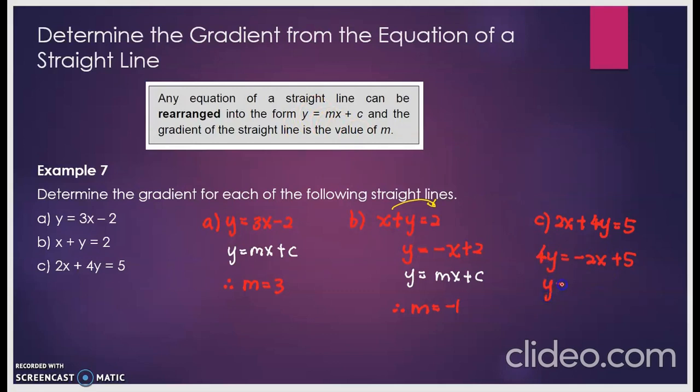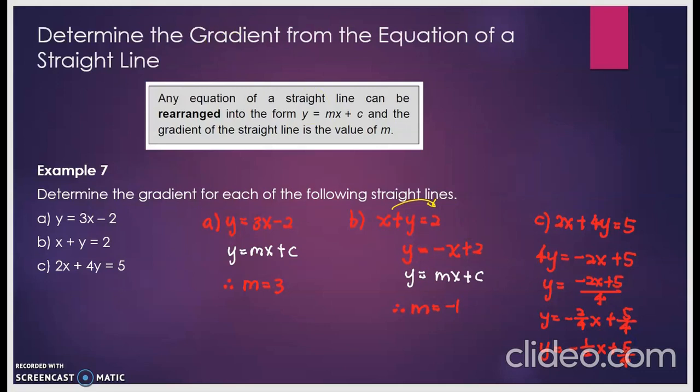So it will become y is equals to negative 2x plus 5 over 4. I separate into two parts. So here will become negative 2 over 4x plus 5 over 4. Then I try to simplify. So negative 1 over 2x plus 5 over 4.